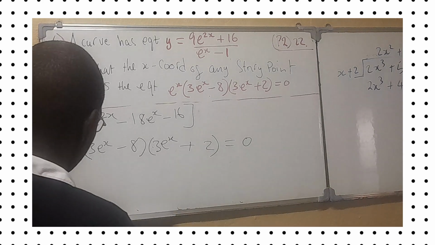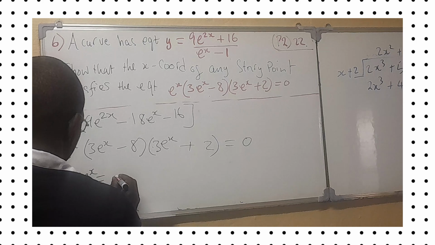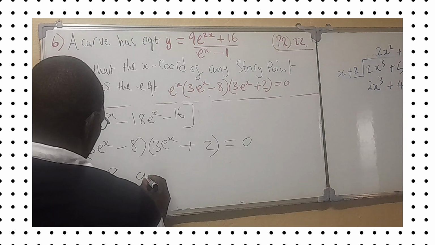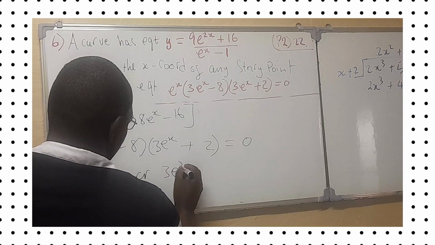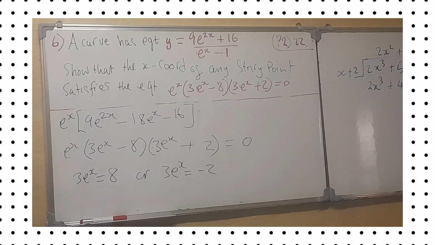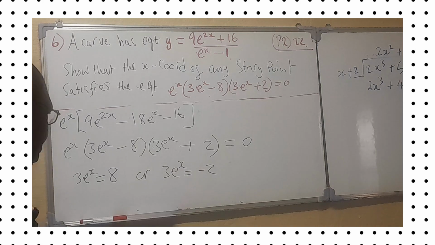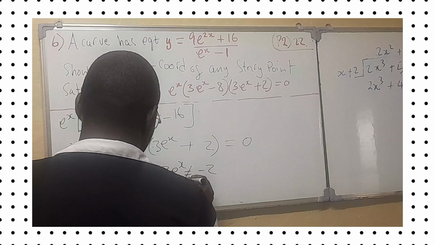If this is to be 0, then either 3e to the power x is equal to 8, or 3e to the power x is equal to minus 2. Those are the two possibilities. But one possibility is to be counted out, because there is no number x that we can raise e to that gives us a negative number. So this one is out.